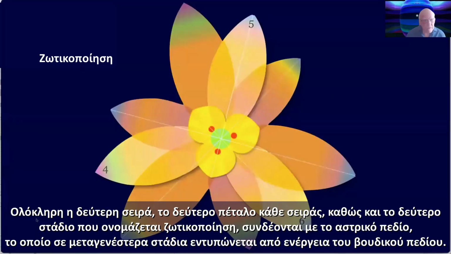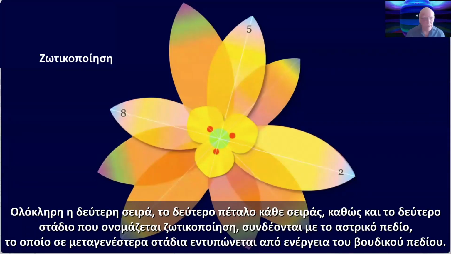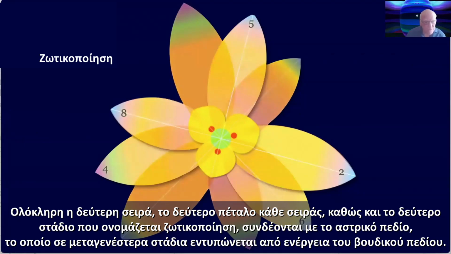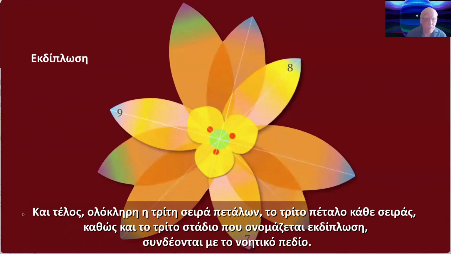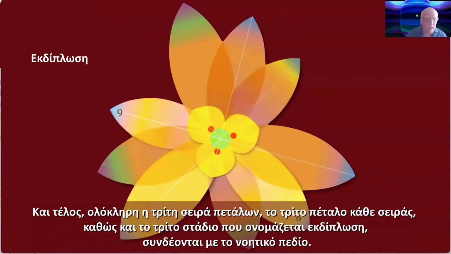The entire second tier, the second petal of each tier, as well as the second stage, called vitalization, is associated with the astral plane, which in later stages becomes impressed by energy from the Buddhic plane. And finally, the entire third tier of petals, the third petal of each tier, as well as the third stage, called unfoldment, is associated with the mental plane.